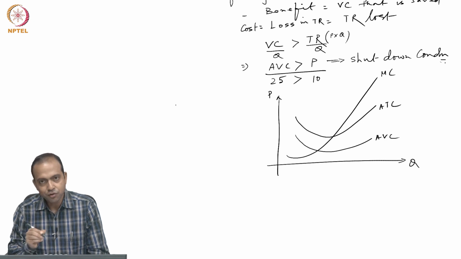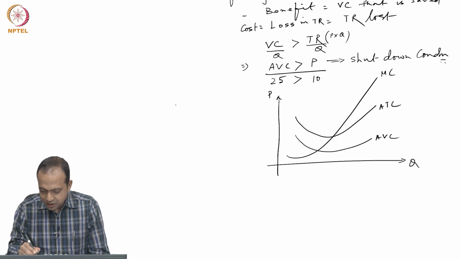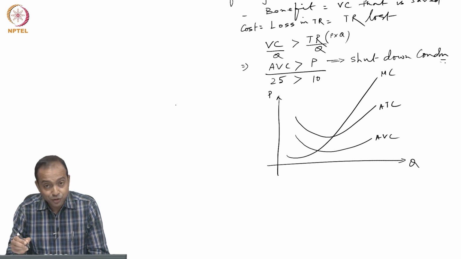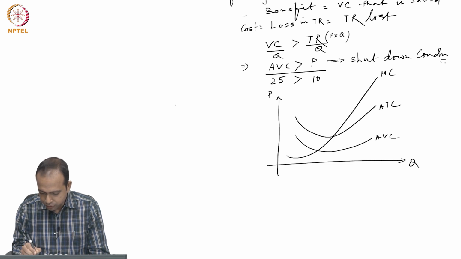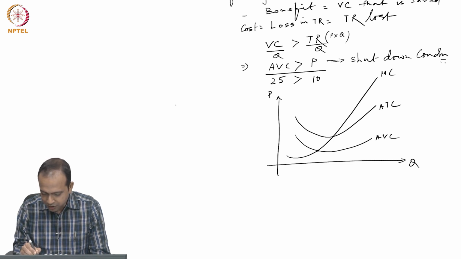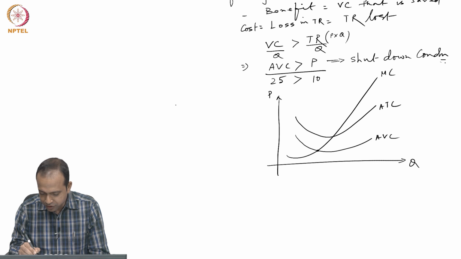We said that all are U-shaped, right. So, that means the entire MC curve is not the supply, rather, the way I have drawn, it should cut here. So, that means your relevant portion of MC is only this much.